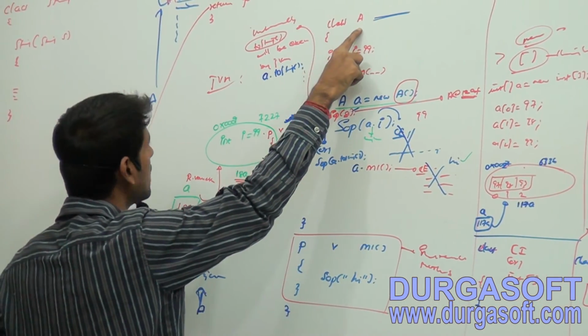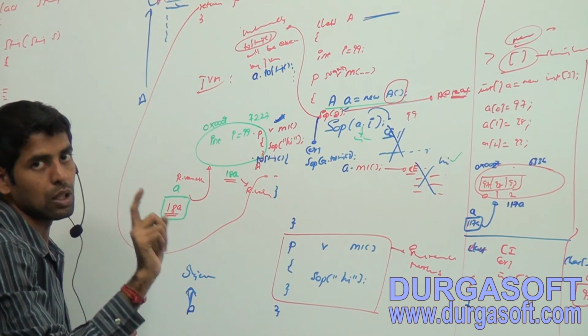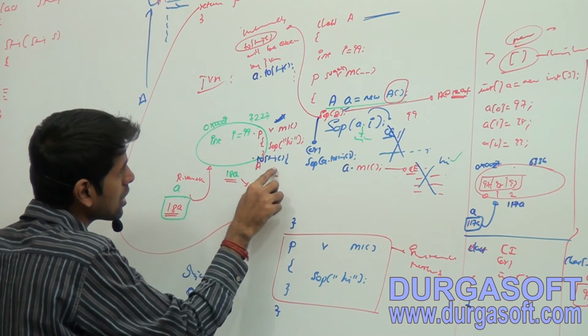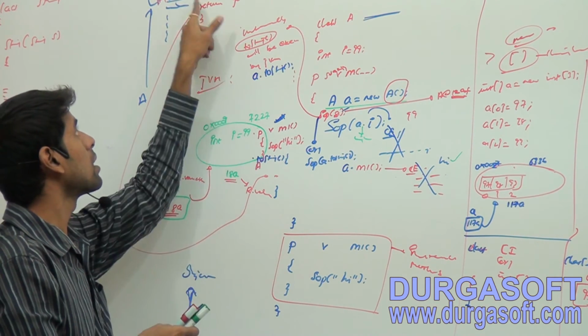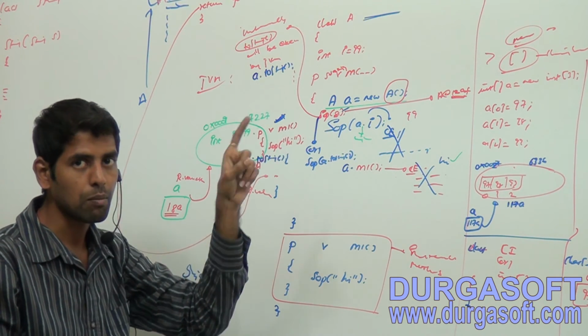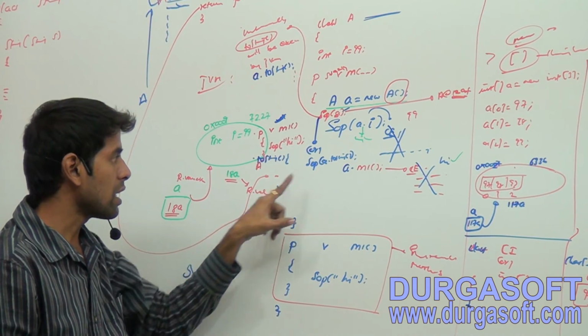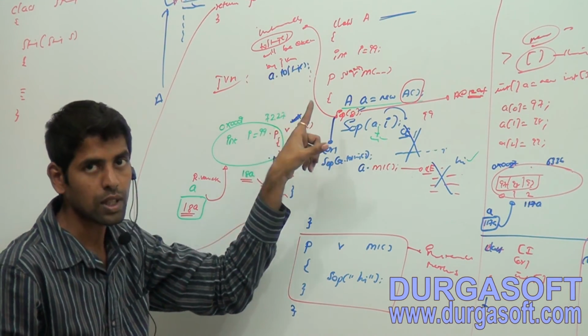Now a class is child to the Object class by default. So a dot toString is valid. How? Through inheritance, you are getting the toString method implementation of the Object class. So here a dot toString, or else internally JVM will call a dot toString method.